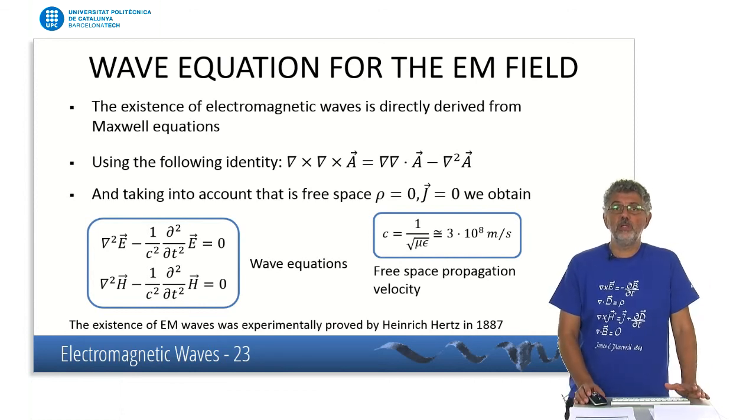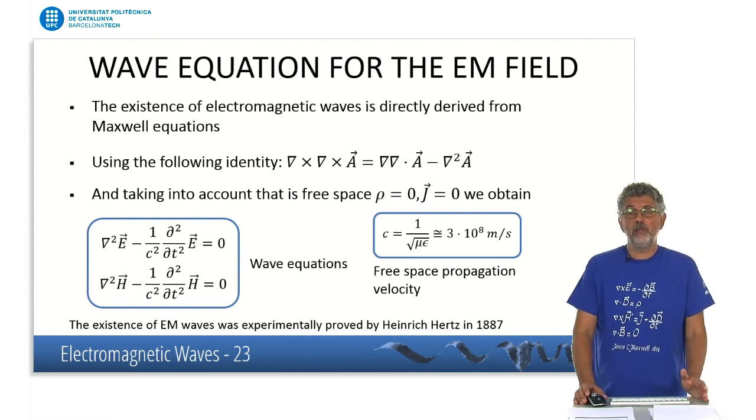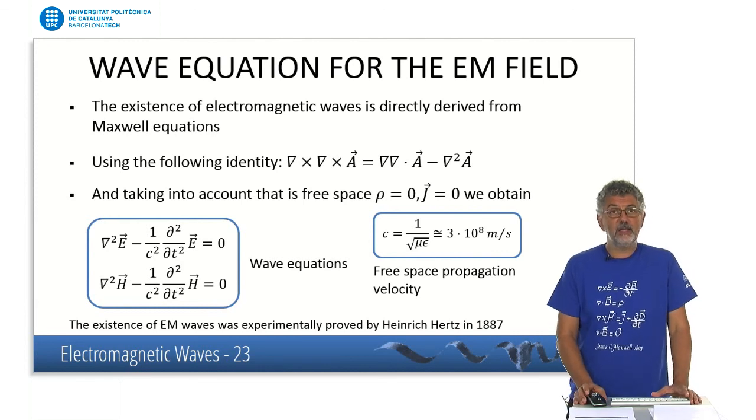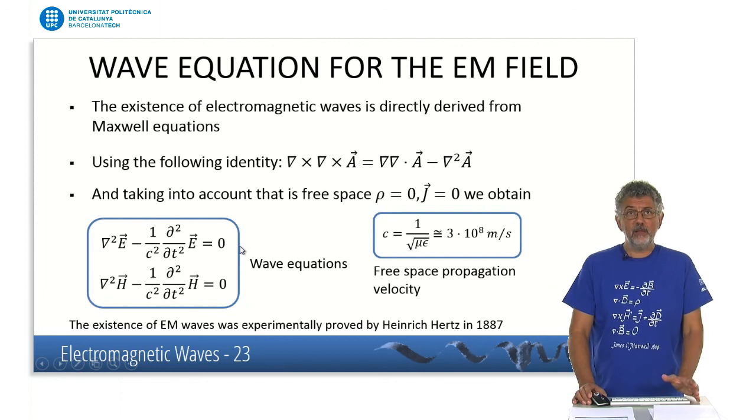But it was not until the experiments of Heinrich Hertz in 1887 that the existence of electromagnetic waves, and that their properties were the same as light, was experimentally proven. But it's very important to realize that the existence of electromagnetic waves is mathematically derived from Maxwell equations.